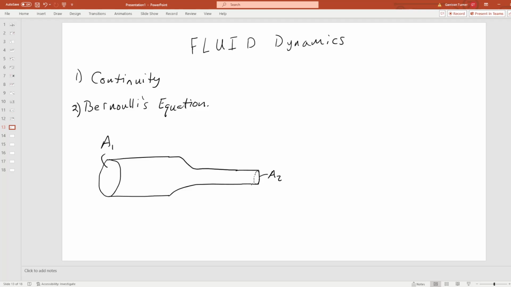And so the idea is this: suppose the pipe is filled with an incompressible fluid. So again, the whole idea of incompressible fluid means the density doesn't change.